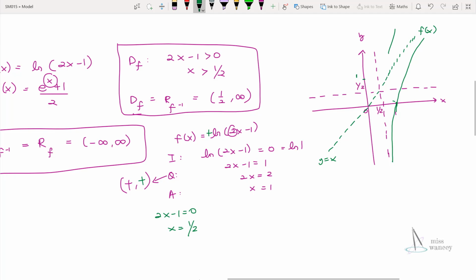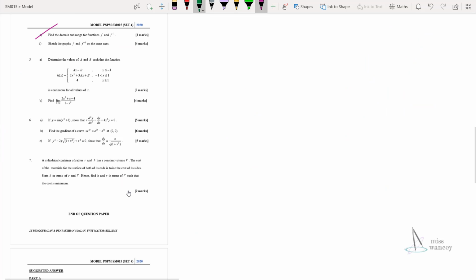Okay, so this is f inverse. Okay, so that is the f and f inverse. Done with D. Okay, so now let us answer question number 5.